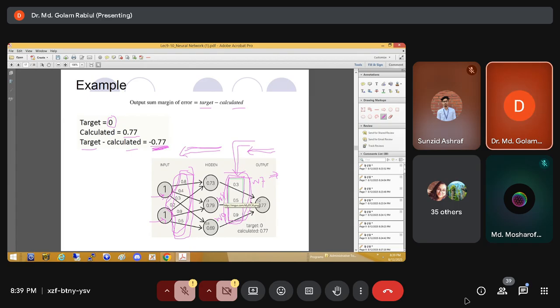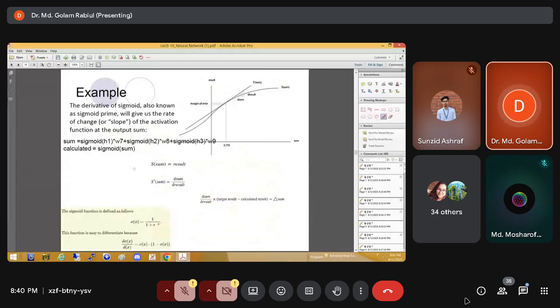That is the big question here. Then how do we determine it? We will study the gradient. The gradient will tell us whether we need to increase or decrease the variable values.